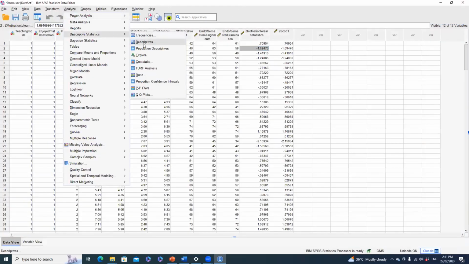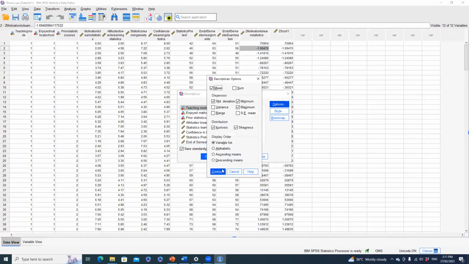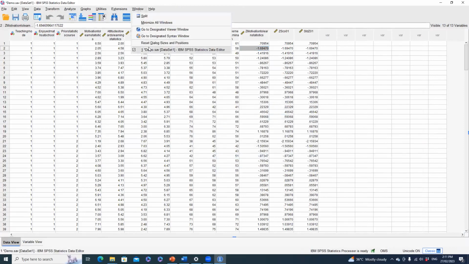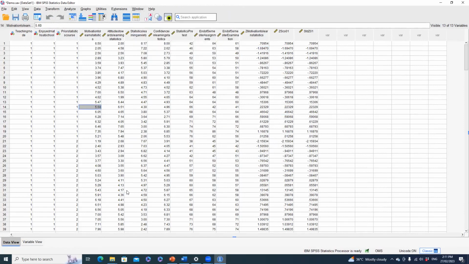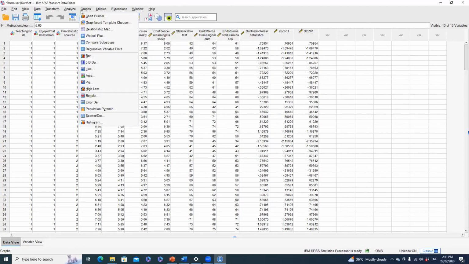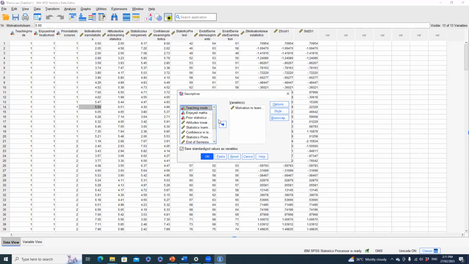So you're getting a real demonstration of what it's like to use SPSS. Let me see if I can get it to generate my outputs now. No, it's not giving me my outputs. That's ridiculous. Why is it not doing this?